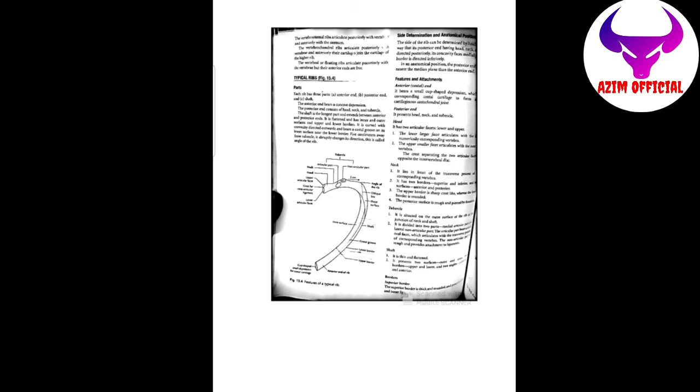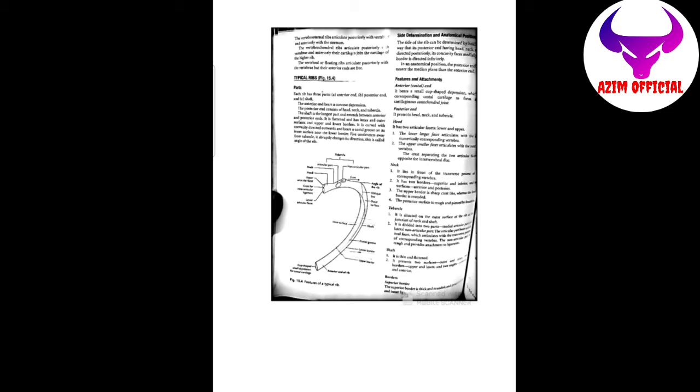The thinner border will face downwards, the thicker border upwards, the outer surface laterally, and the inner surface medially. Am I clear? So this is the anatomical position.